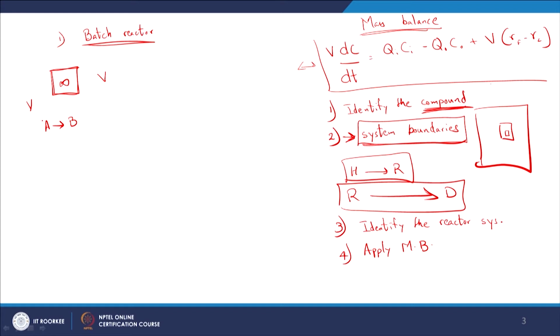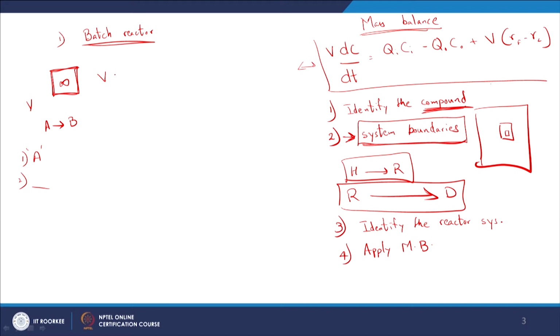So first I identify my compound, compound A. The second aspect is identifying the system boundaries, and let's say it's the beaker in the lab. Then I identify the reactor system, and I know that it's a batch reactor. Then apply the mass balance.